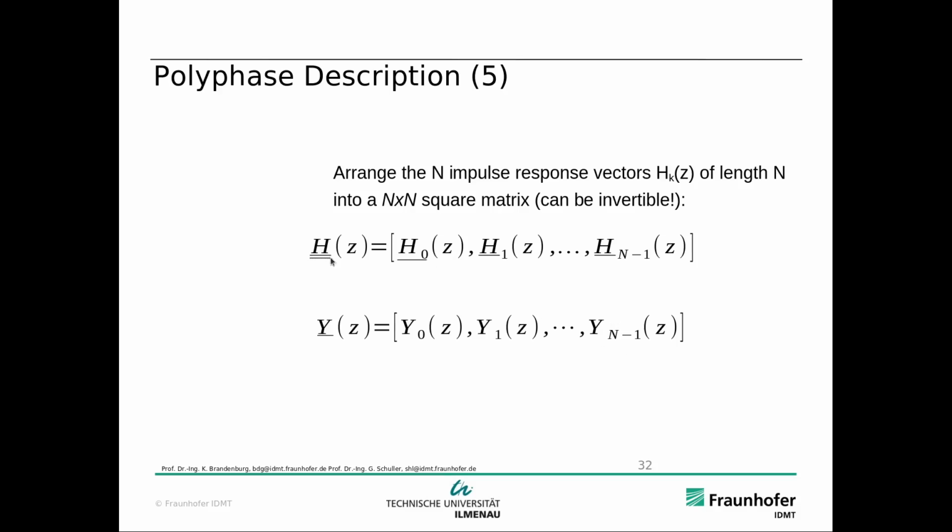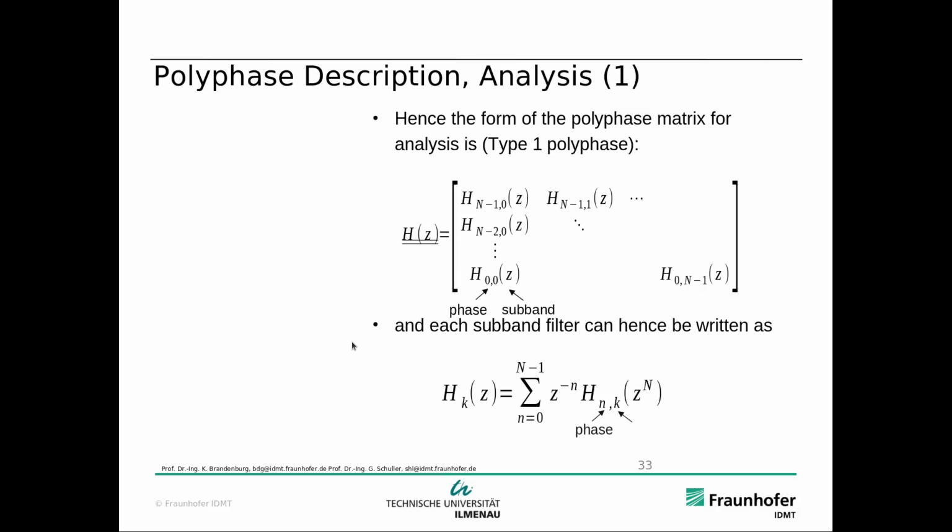So this is matrix, this is vector. Yeah, so these are the subbands. And here you can see more detail of the polyphase matrix. You can see here, first column contains the polyphase entries of filter number 0 and so on.